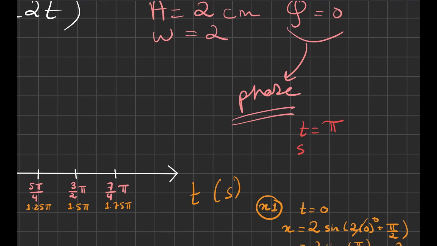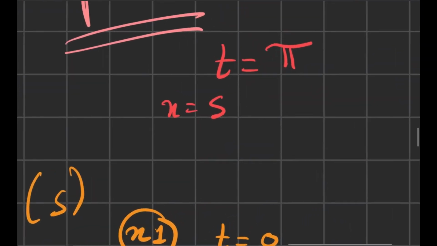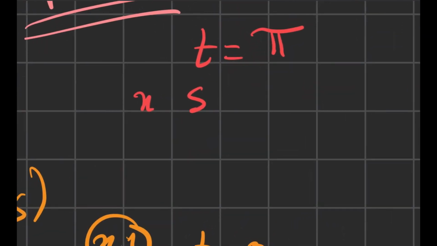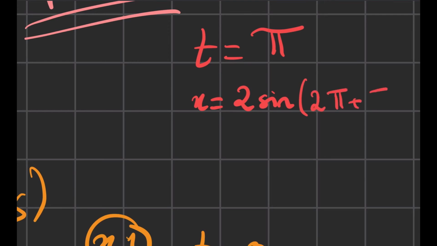For t equals pi, x equals 2 sine(2 pi plus pi over 2).